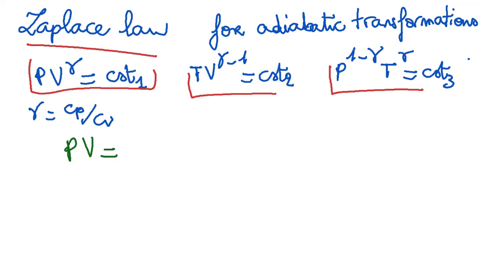PV equal to nRT. So we are going to start from the first equation, and we are going to use the perfect gas law as well.